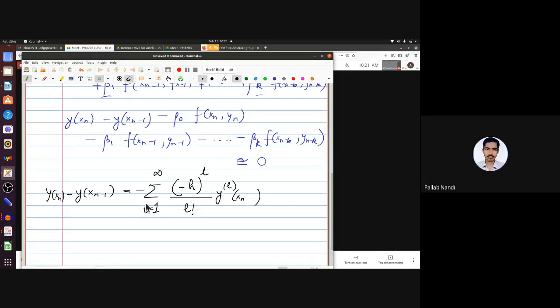The point is what we had figured out is this: y(xn minus 1) is actually the sum over L equals 0 to infinity of (minus h) to the L by L factorial times y^(L)(xn). Everybody agrees with this one? Yes?